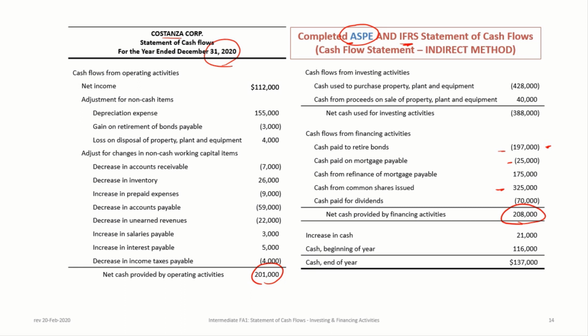And then used the combined money between operations and the investing activities, which was mostly from issuing common shares, to reinvest in the business. So the company purchased $428,000 in property, plant, and equipment, and sold some other equipment. So it could be that the company sold old equipment for $40,000, even though it was at a loss, not a very large loss, but still sold $40,000 worth of equipment, took those proceeds along with some cash from operations and from their financing activities to reinvest back in the business because they anticipate some growth.